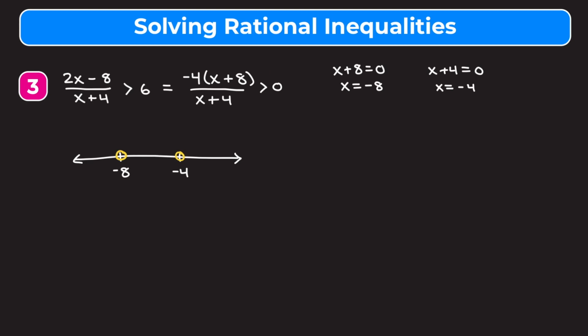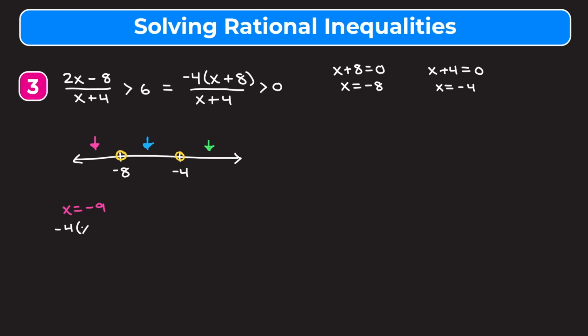And now we need to test each part of our number line. So we need to test this left part, this middle part, and this right part. So let's test the left part first. We need a number to the left of negative 8. So let's just choose x equals negative 9. And we're going to plug it into this factored form of the left side of our inequality.